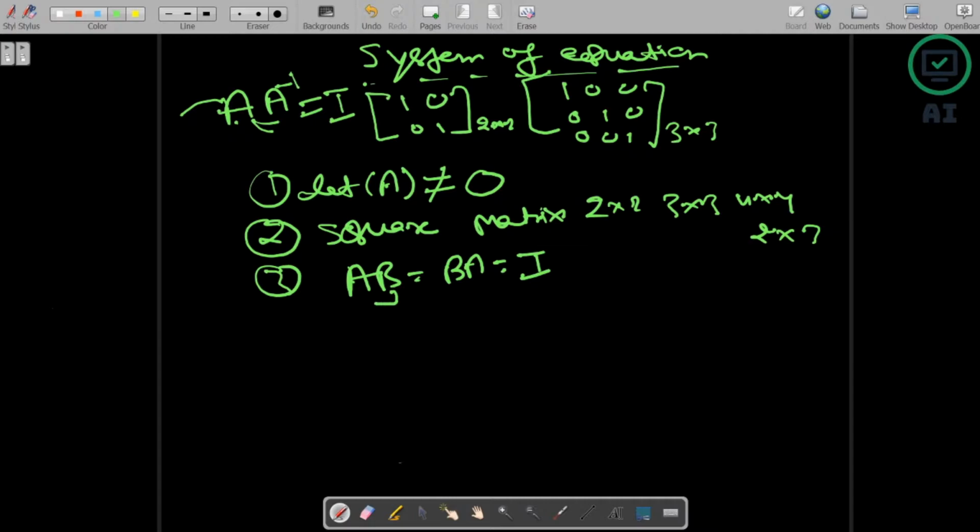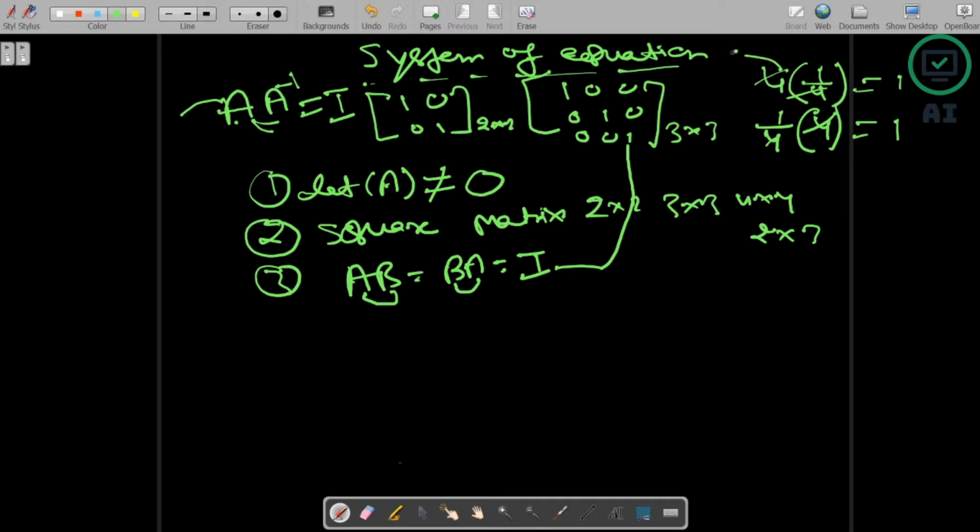If B is the inverse of A, and A is the inverse of B, and you multiply, it will give you the identity matrix. For example, what is the inverse of 4? It is 1 by 4. It will give you 1. And if you have 1 by 4, what is the inverse of that? It is 4, and it will also give you 1.